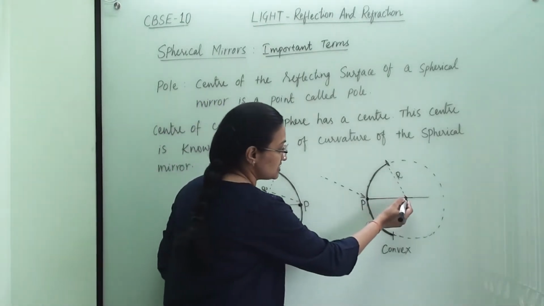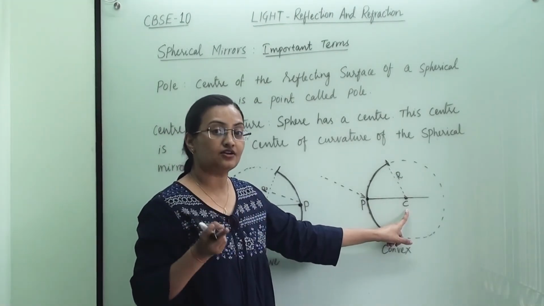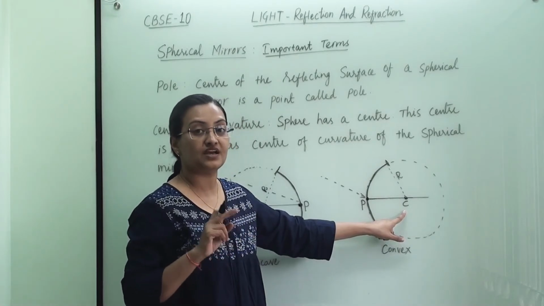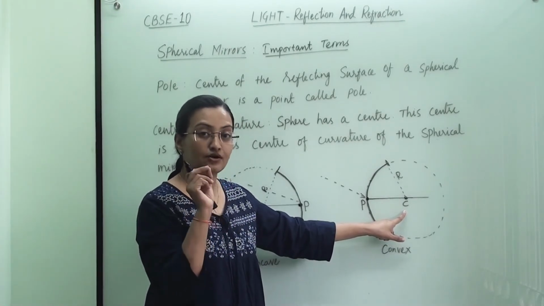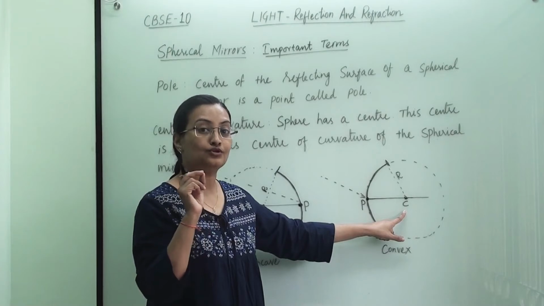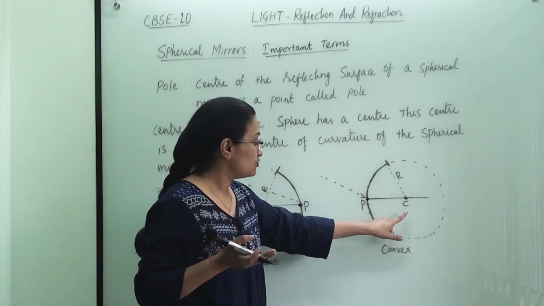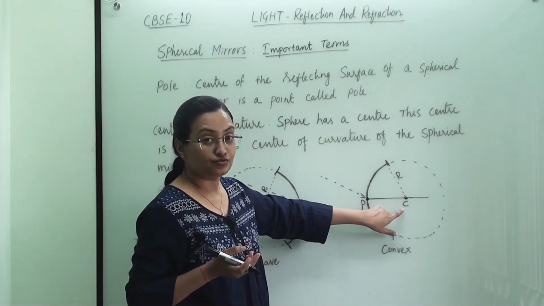It is the center of the sphere, but it is an important term and we are going to use it when we learn image formation. So we are going to use this term in future.